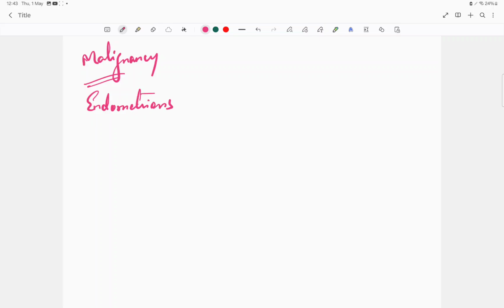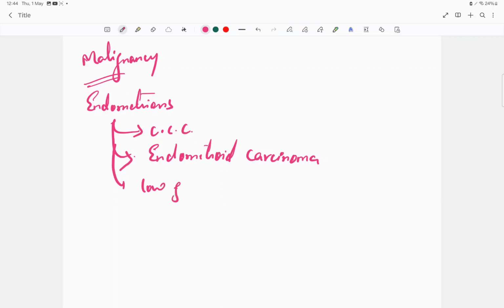So estrogen dependent malignancies, come on guys: one is clear cell carcinoma, and next is endometrioid. We'll discuss this in detail when we are doing malignancies. So clear cell carcinoma and endometrioid carcinoma are the two, and low grade ovarian adenocarcinoma also. But I'll tell you, these are very rare.